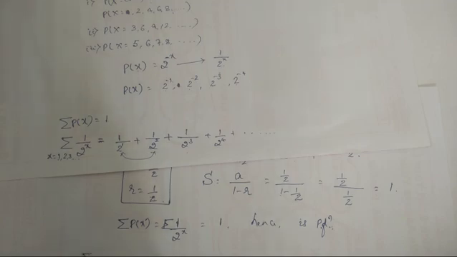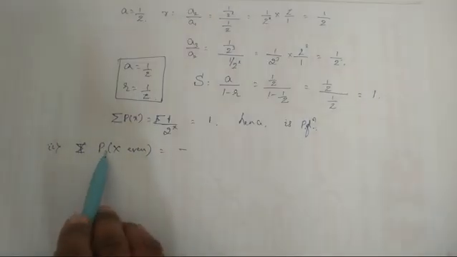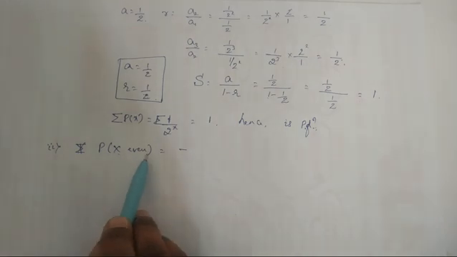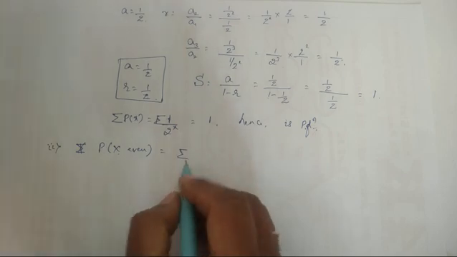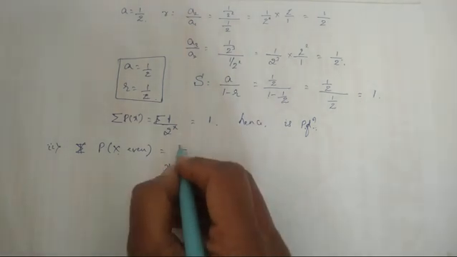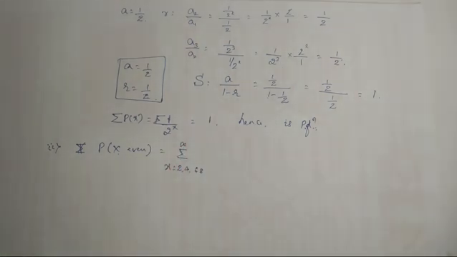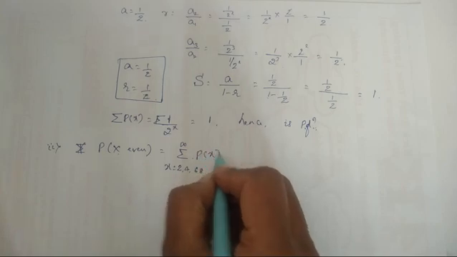This is the second problem, the probability of x is even, which is equal to the summation where x is even, meaning 2, 4, 6, 8 up to infinity, of p of x.